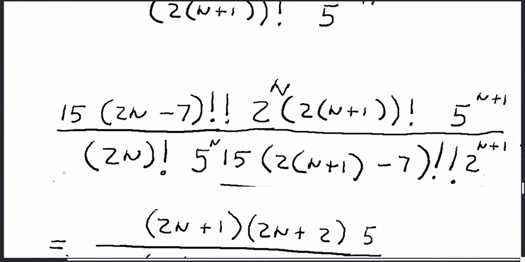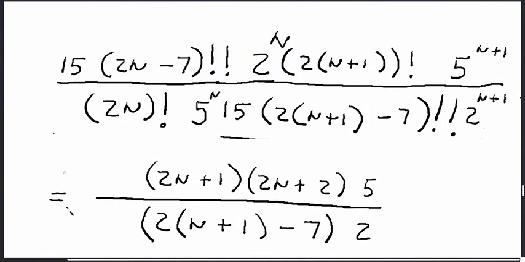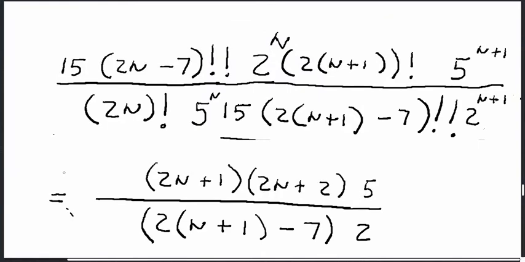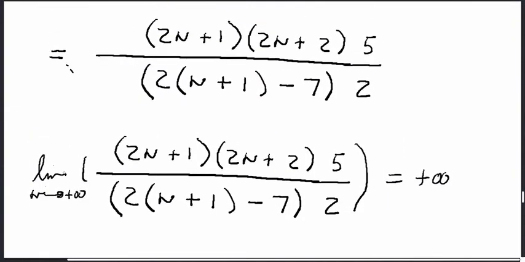That's just inverting and multiplying, which then simplifies to this. And when you take the limit, you get plus infinity, because the polynomial in n in the numerator is degree 2, and the polynomial in n in the denominator is degree 1, so you get positive infinity.